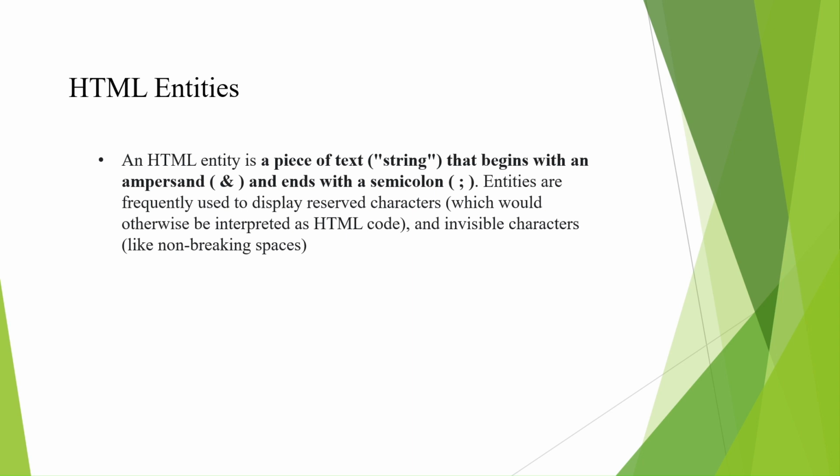For example, if you want to display the less than symbol, rather than using the less than symbol in HTML code, you would use the &lt; entity instead of typing the actual less than symbol. Similarly, if you want to display a trademark symbol, you would use the &trade; entity.